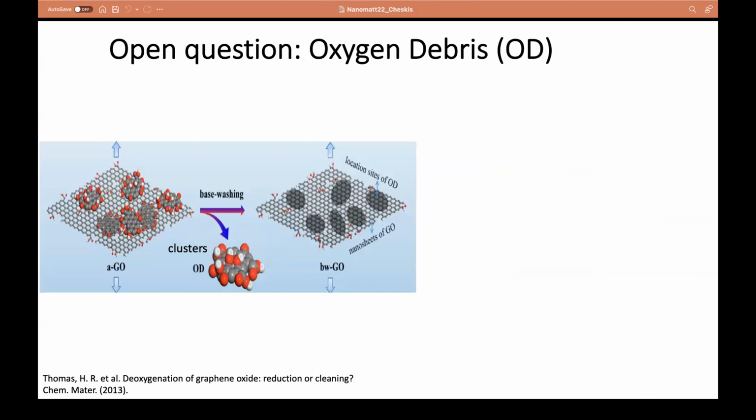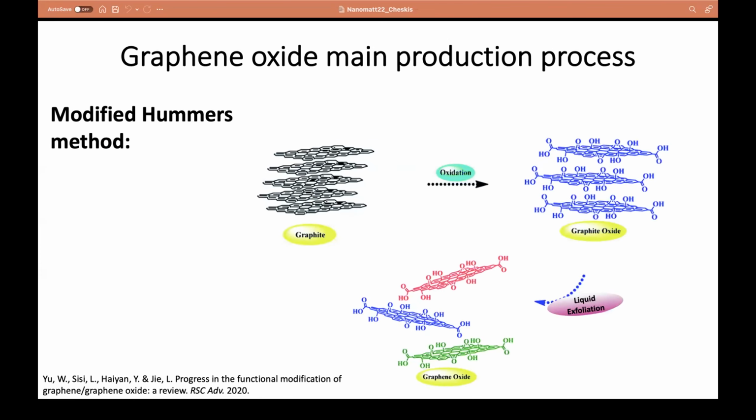So now the question is, what's going on during this process? If this process is clear and clean, we get graphene oxide like it's shown in the theories with models that describe this process.